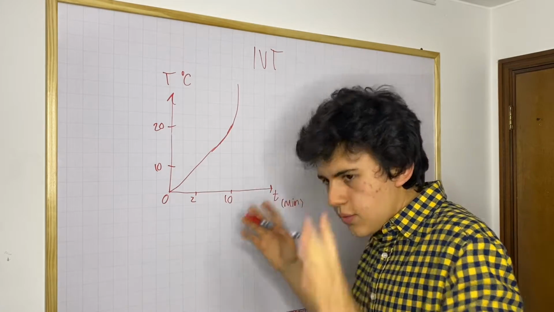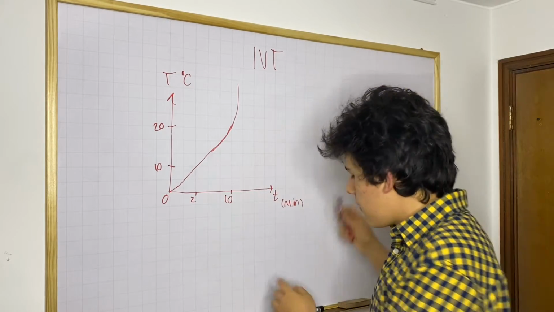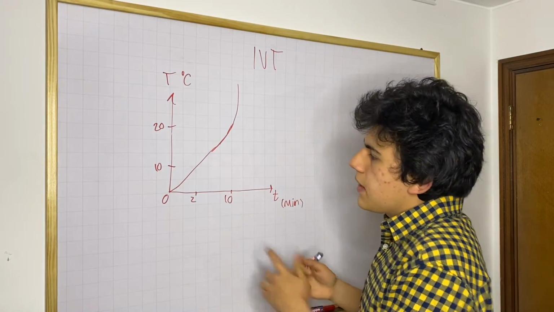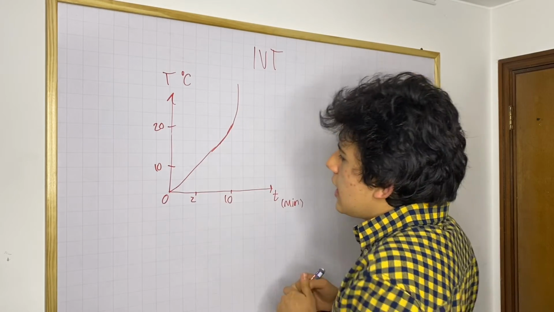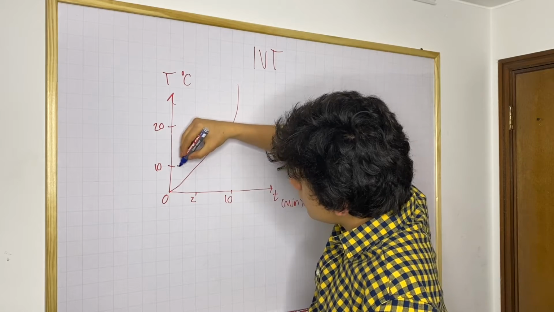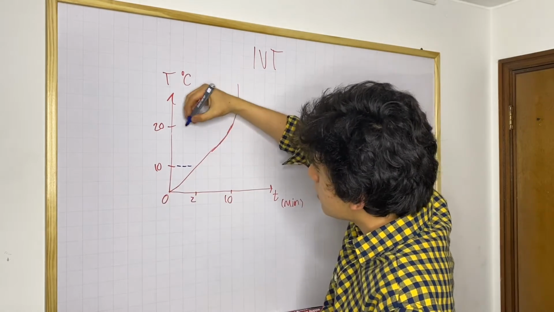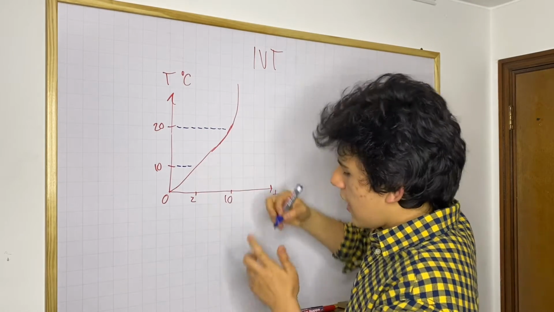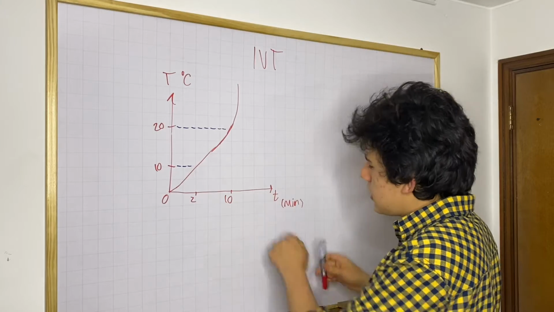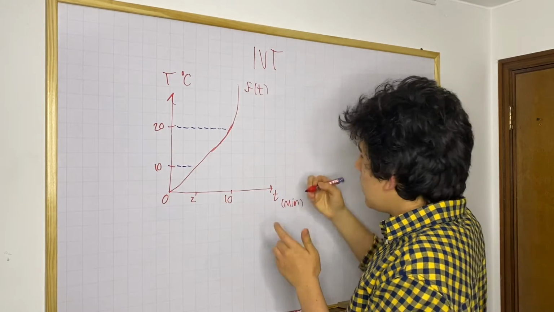Yeah, this could be a parabola. Let's suppose, just supposing. So basically what this intermediate value theorem states is that if this object, in terms of this example, is in this interval between 10 degrees Celsius and 20 degrees, and this function f of t is continuous.